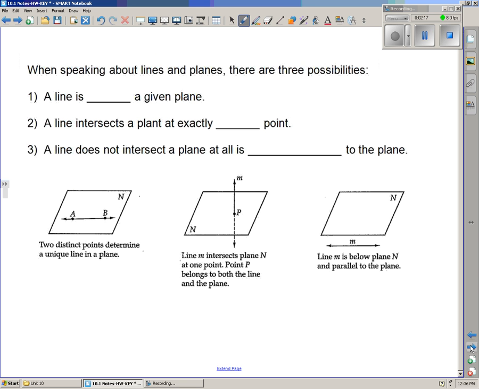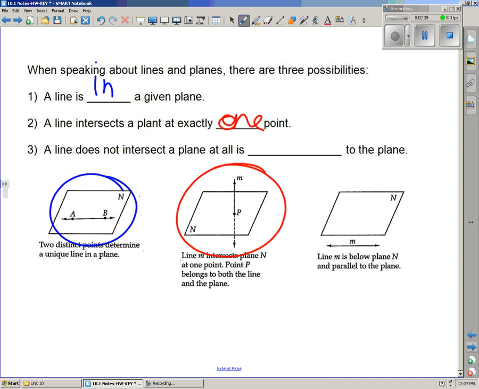When speaking about lines and planes, there are 3 possibilities. A line is either going to be in the plane, and that's what this is, a line that's in the plane. So a plane contains that line. It could also be where a line intersects the plane at exactly 1 point. That's this particular example, where through that point P, a line goes through it.